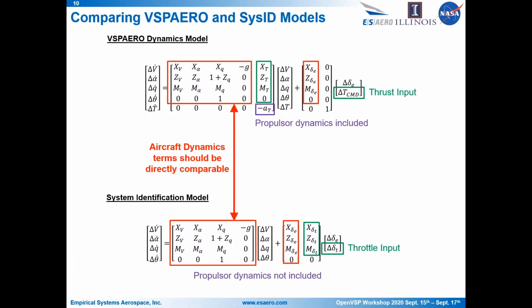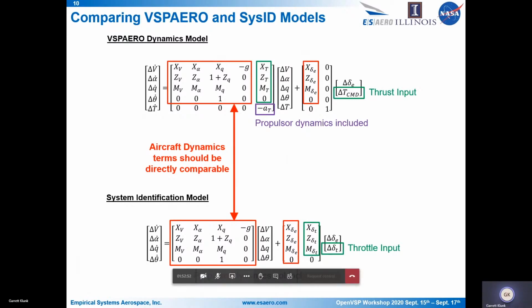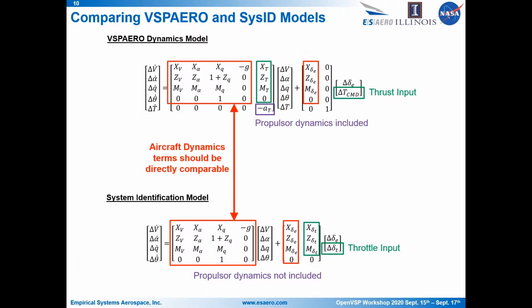With that, I'd like to dive into the beginning of our comparisons of these models. So the first step in comparing the models is the model architecture itself. The system of equations that underpin the estimation methods between VSPAERO and system identification are largely similar but differ in important ways.